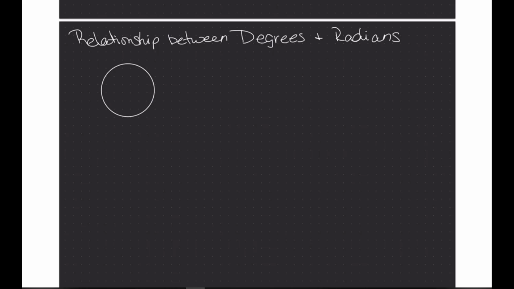So we know some things about a circle, right? If I had my initial side going this way, and I had an angle, and I went all the way around, how many degrees would that be? 360 degrees, right? And that radian has to do with that arc going around divided by the radius.